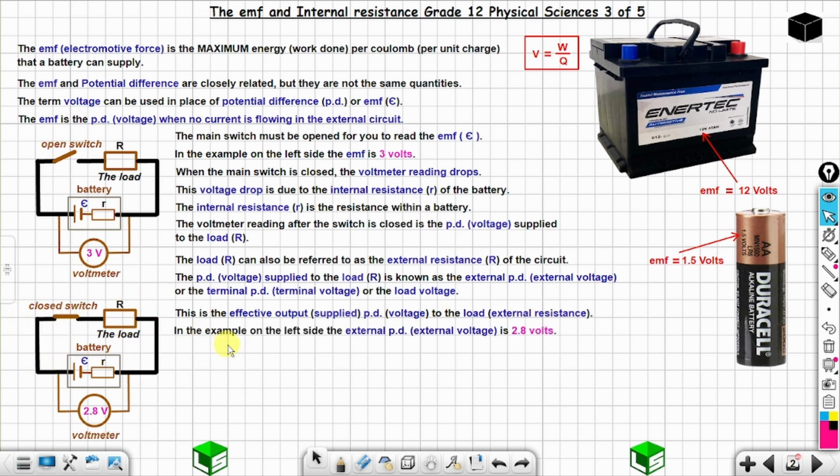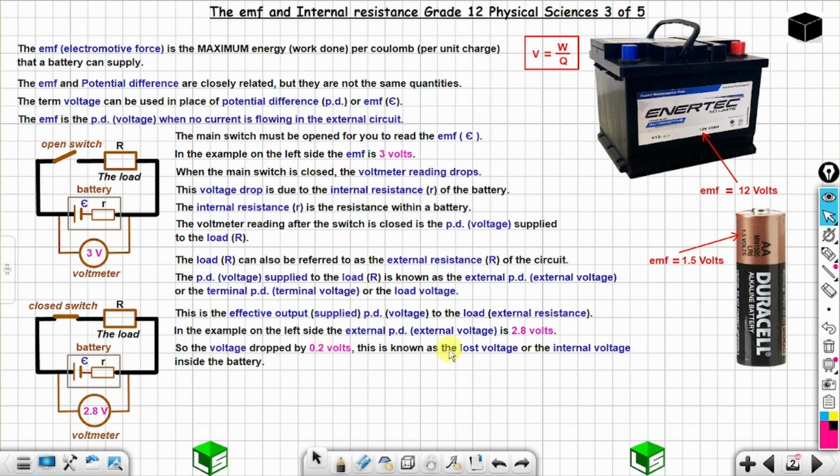So in the example on the left side, the external voltage is 2.8 volts. So the voltage dropped by 0.2 volt. From 3 to 2.8, you have 0.2.